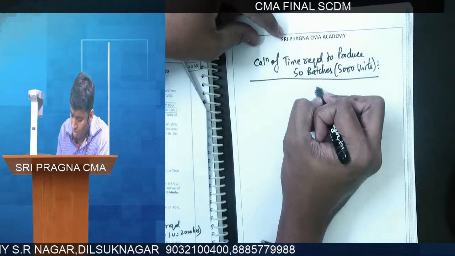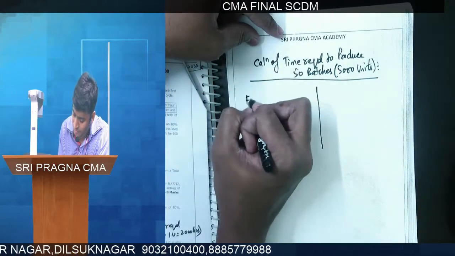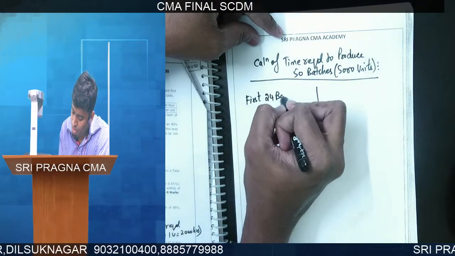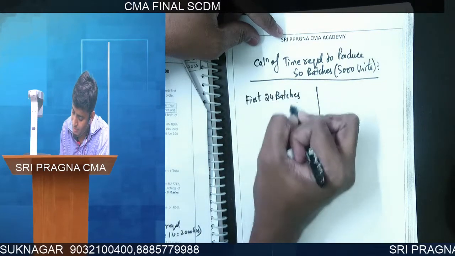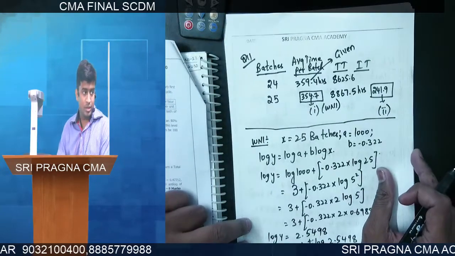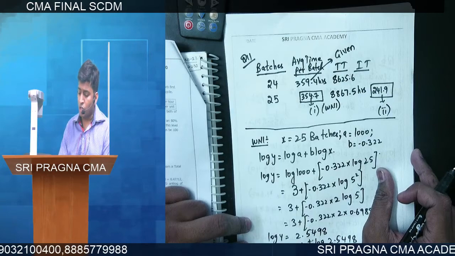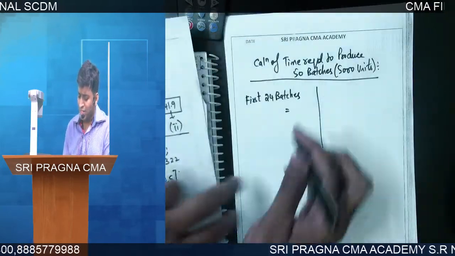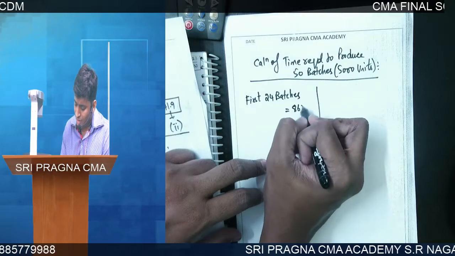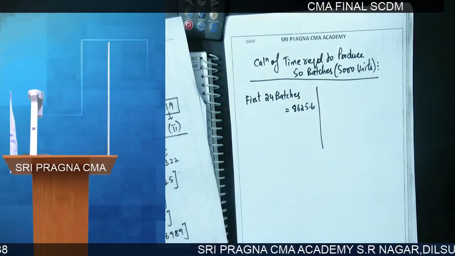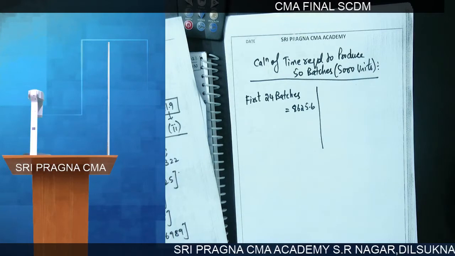Listen, I'll give you 2 ways of doing this. First 24 batches, how much time did they take? Tell me from here. First 24 batches took how much time? 8625.6. After that each batch will take the same time.